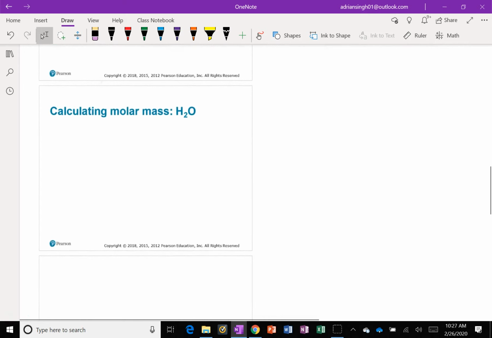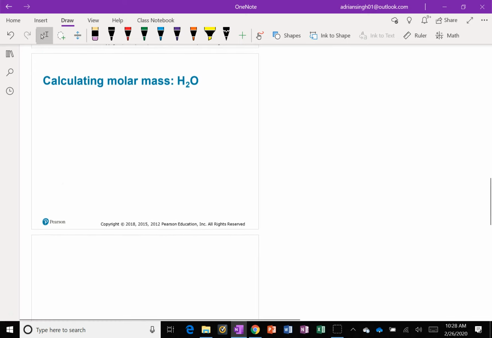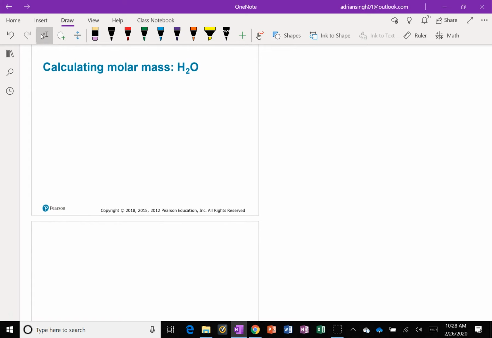So we can determine the molar mass of an element simply by looking it up on the periodic table. What about if we had a compound, something that is made up of multiple elements? Can we calculate the molar mass of that, the mass of 1 mole of a compound? Well, let's take a look at water, H2O.